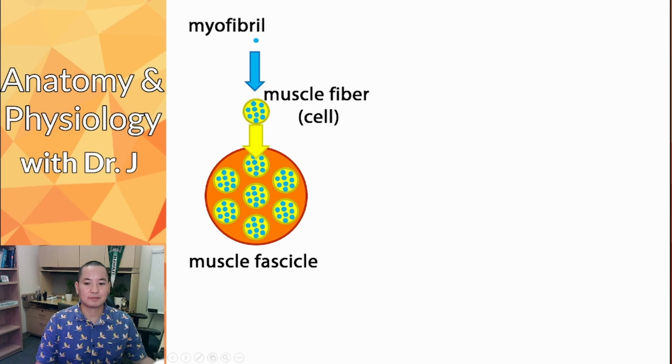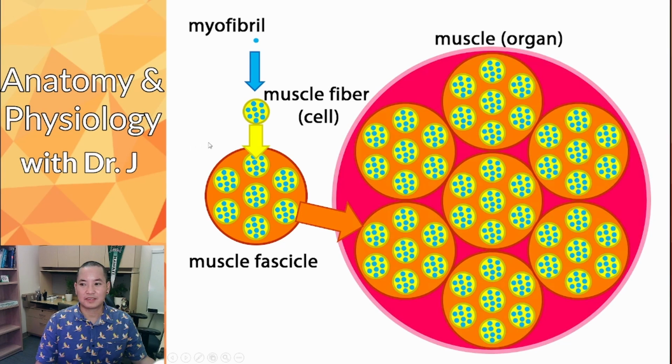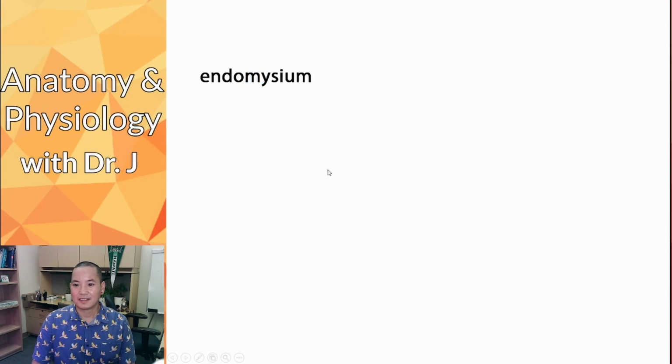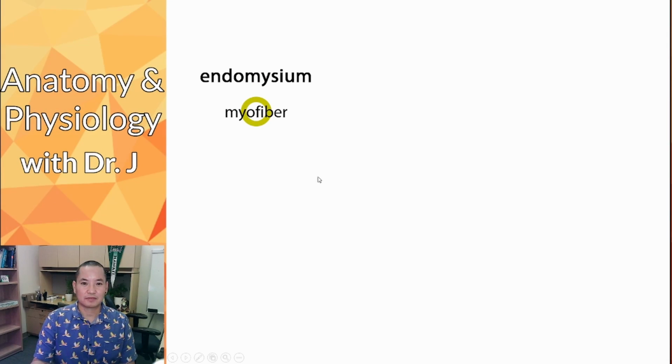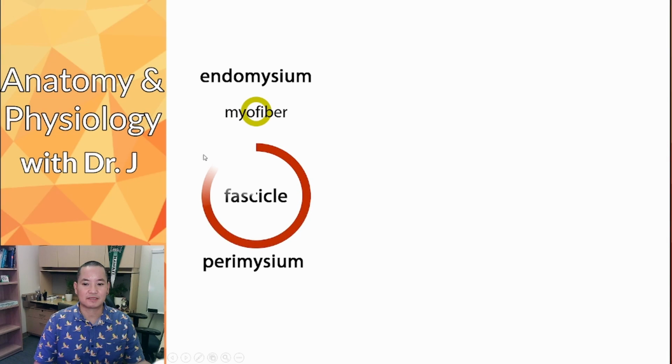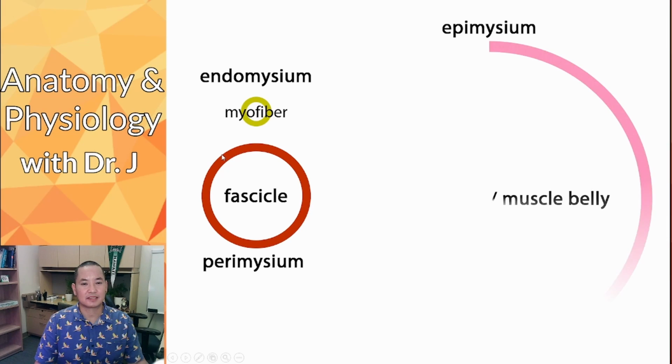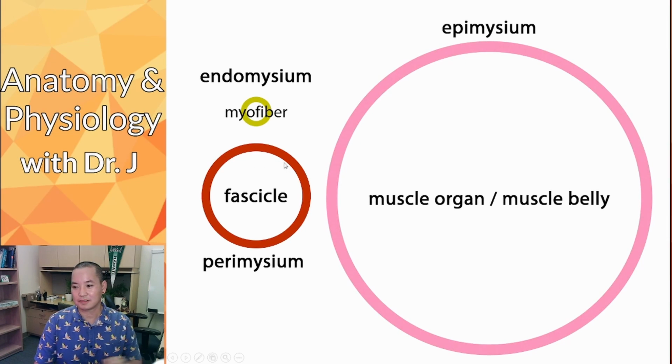And when you have multiple fascicles forming an entire muscle organ, we call that skeletal muscle. Just like the fibers go from small to large, we also have layers of connective tissue: the endomysium, the innermost and smallest, then the perimysium that surrounds each fascicle, and then the epimysium that surrounds each muscle organ, or sometimes muscle belly.